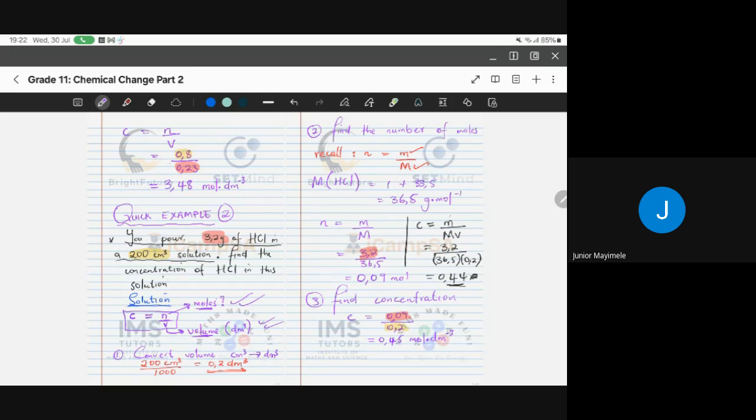So how did we get this formula? I showed you before. It's just taking this formula, n equals m over M, and substituting it in the formula for C where you have n. That's how we get C equal to m over MV.